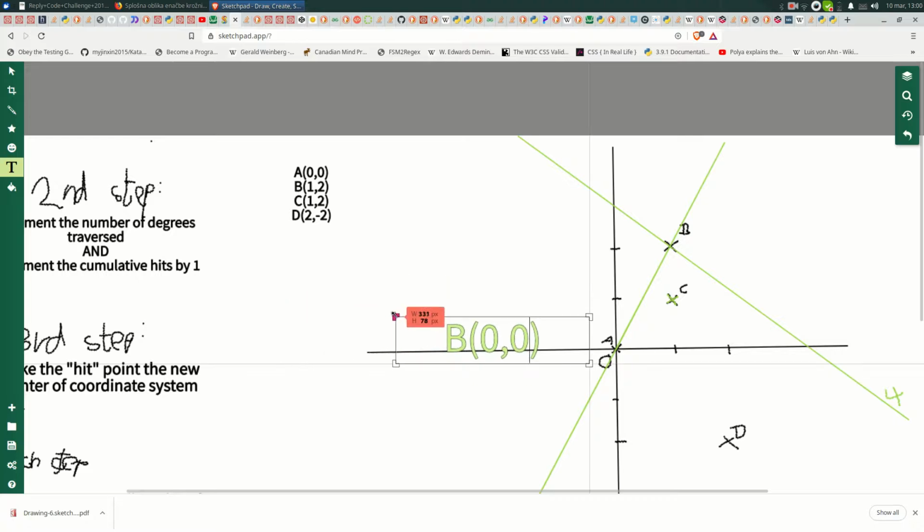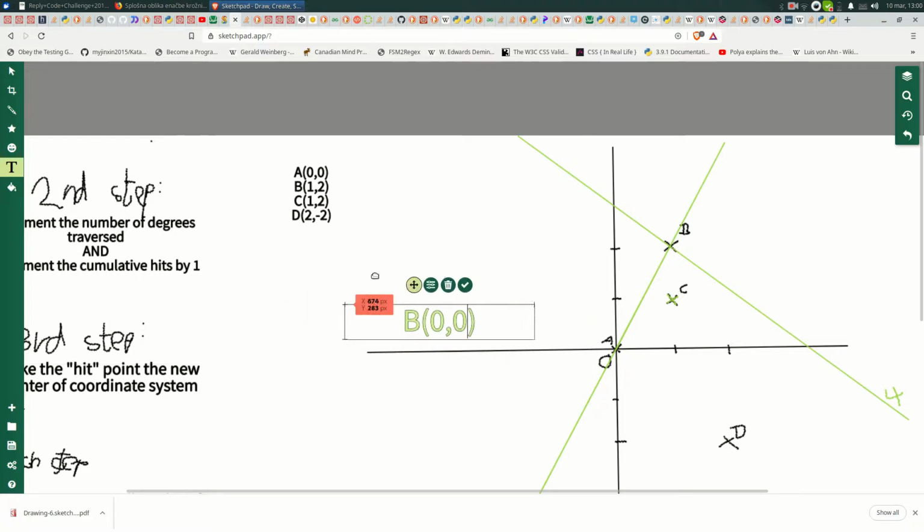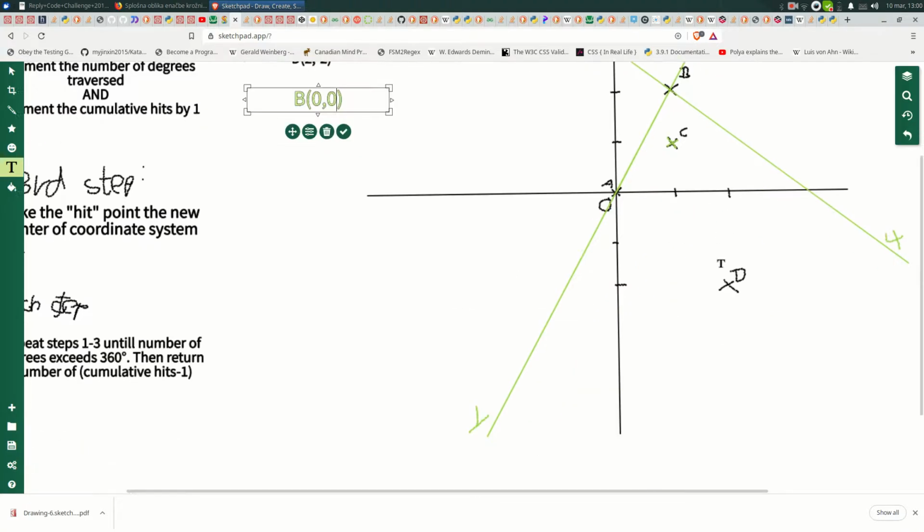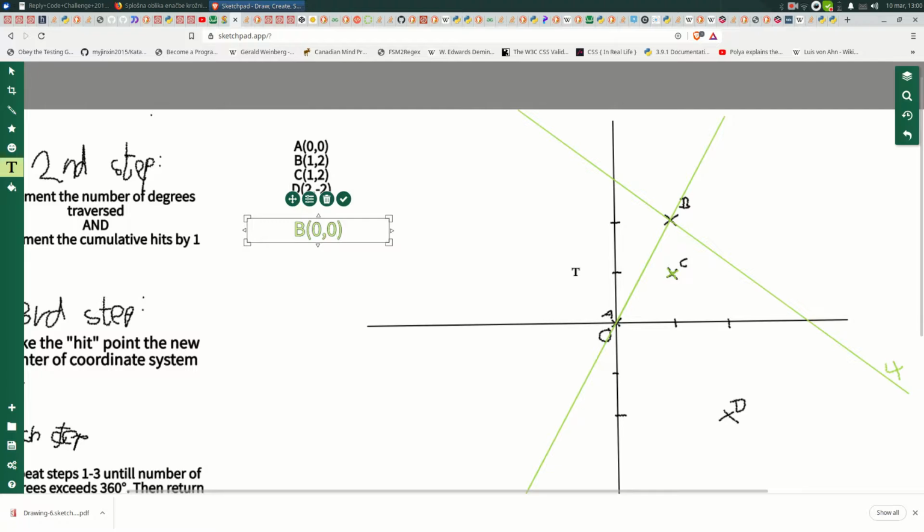We make that a bit smaller and put it over there. Like so. So now the question is how do we get the coordinates of all of the other ones? That is the hardest point. Let's figure that out now.